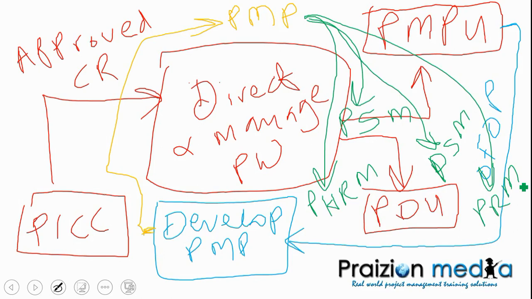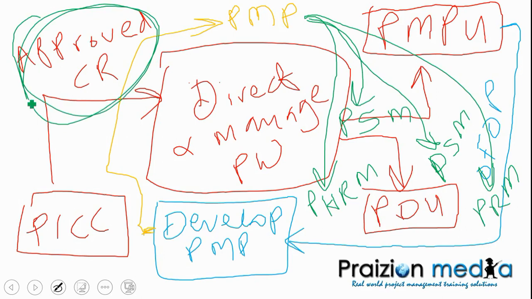But it all really starts with the approved change request going into direct and manage project work as a request to rework something. You're getting your project documents and project management plan updates, those updates becoming an input to the second go round of develop project management plan. I just put V2, second go round, right?